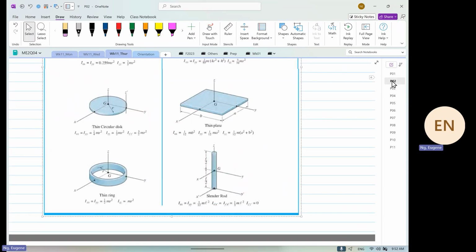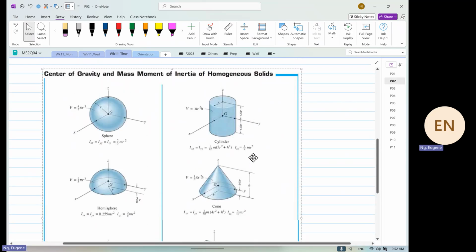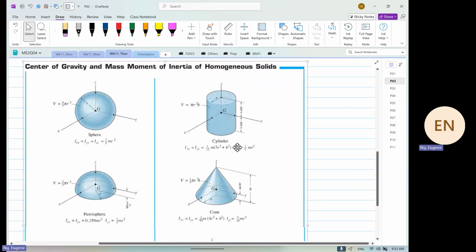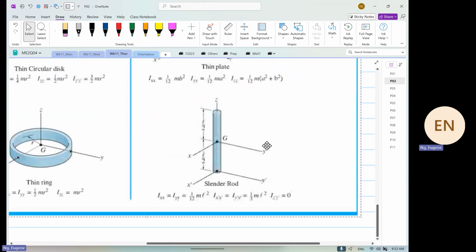So why do they need to verify to us what is slender rod? Okay. So if you go to the table, okay, there's two possibilities, right? One, it can be a what? Cylinder. Can you see the table over here? One can be the cylinder, right? And the other one specified down here as a what? Slender rod. We clear?